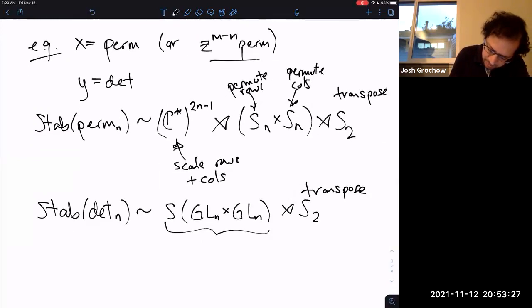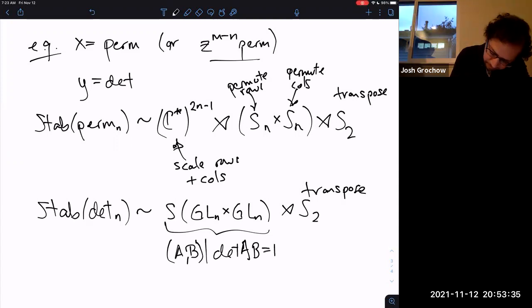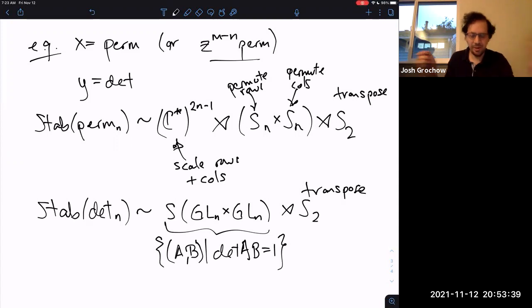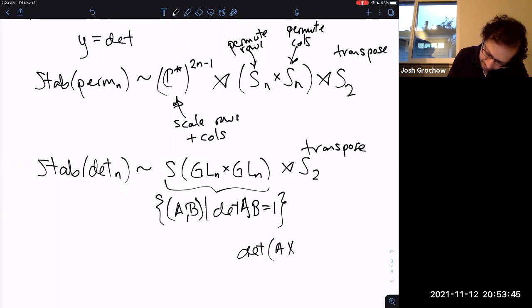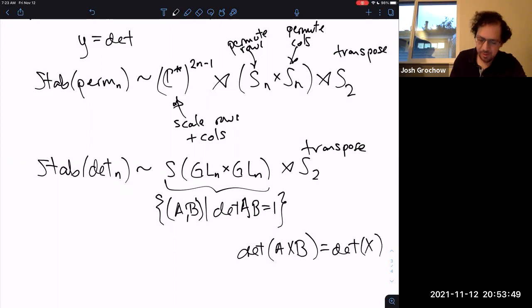By this notation, what I mean is the set of pairs (A, B) where the determinant of their product is 1. So you can left and right multiply, right? So what's happening here is det(AXB) equals det X, as long as the determinant of A times the determinant of B is 1.